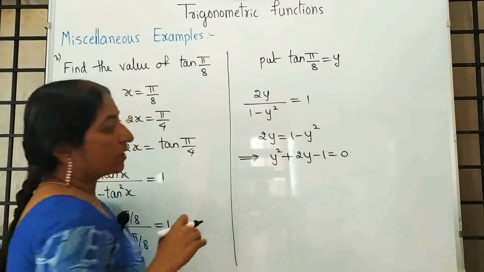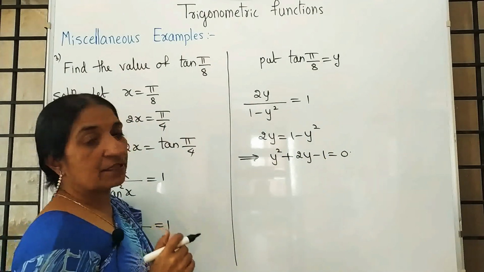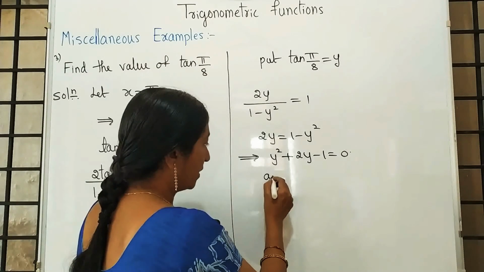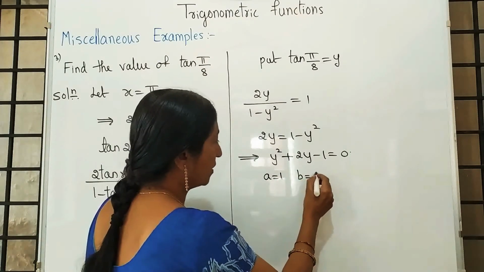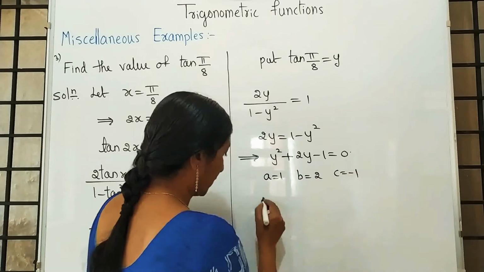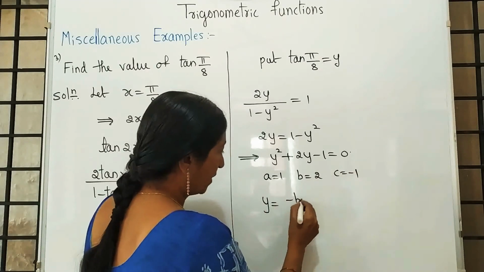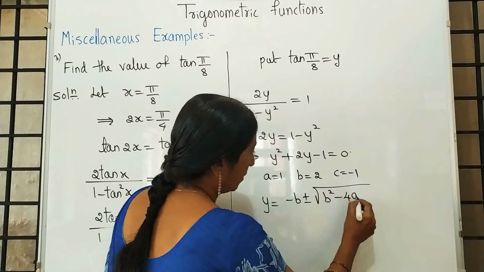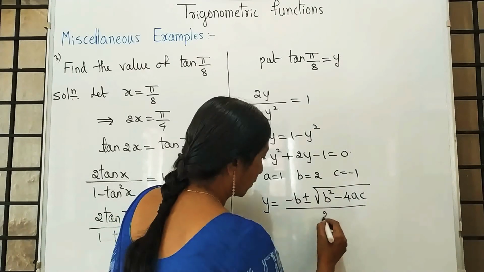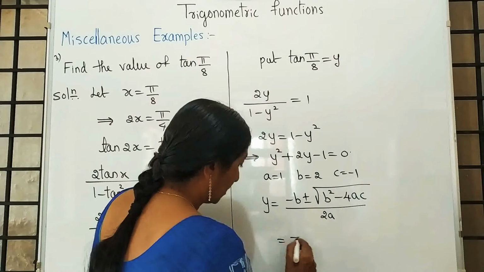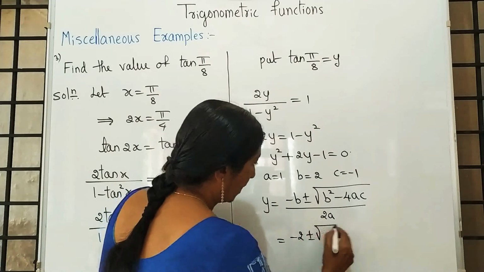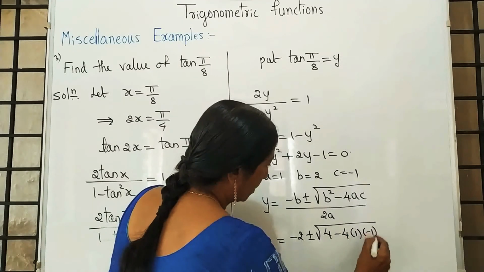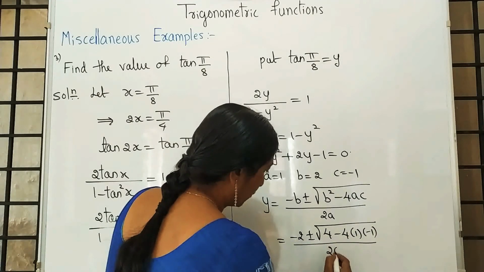I am writing all the terms on the left side, and here the factorization is not possible. So we are applying a formula. Here a is 1, b is 2, c is minus 1. Y formula is minus b plus or minus root of b square minus 4ac upon 2a, Sridhara's formula. It is minus 2 plus or minus root of b square is 4 minus 4, a is 1, c is minus 1, divided by 2 into 1.